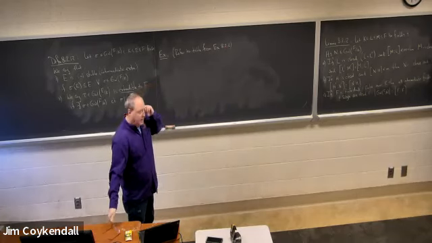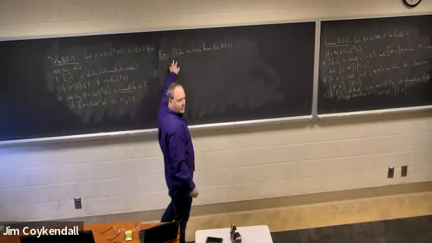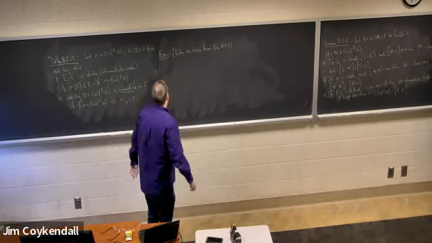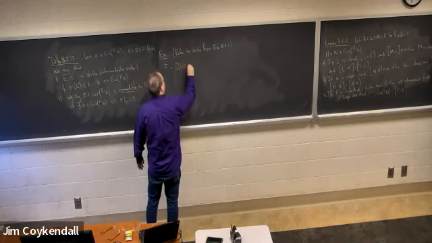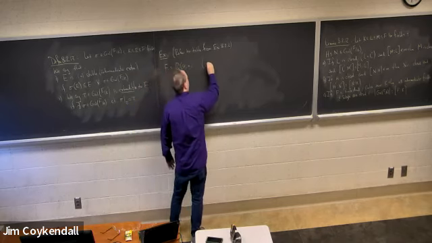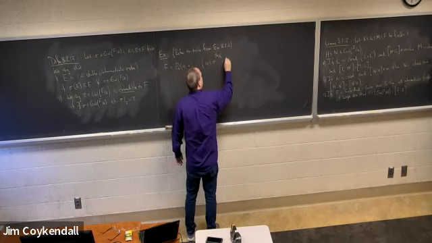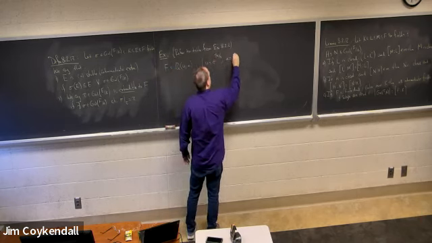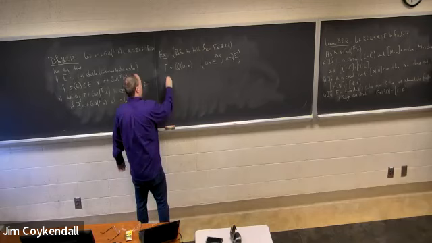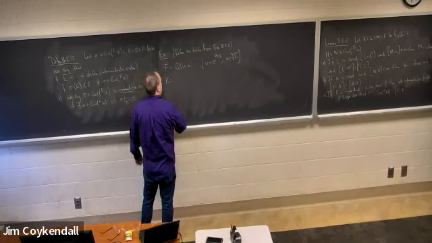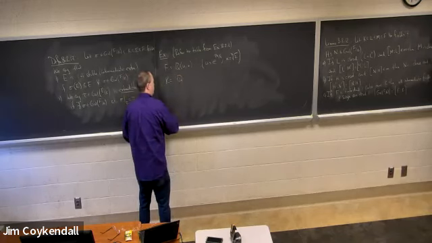Remember where we looked at the Galois group of Q(omega, alpha) over Q. In this case, I'm going to let F equal Q(omega, alpha), and K is equal to Q.